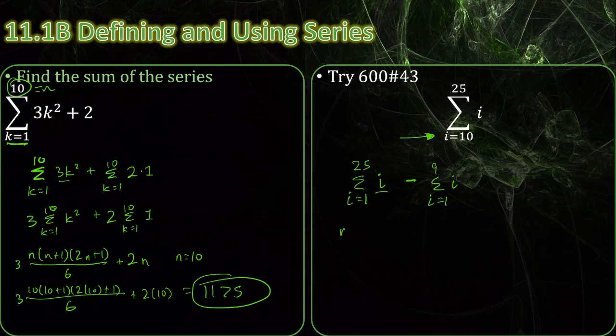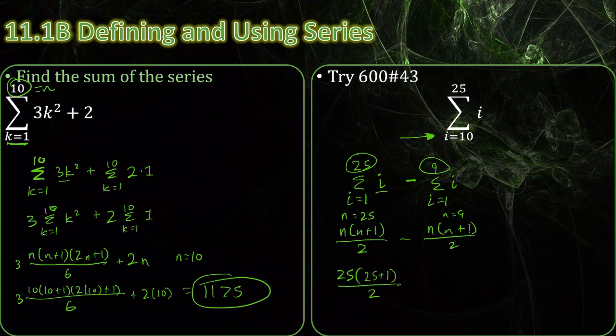Since it's just I, it is n times n plus 1 over 2. And I have this twice. But here, n is 9. First one, n is 25. So I'll have 25 times 25 plus 1 over 2 minus 9 times 9 plus 1 over 2. Put that in your calculator, you get 325 minus 45, which is 280.